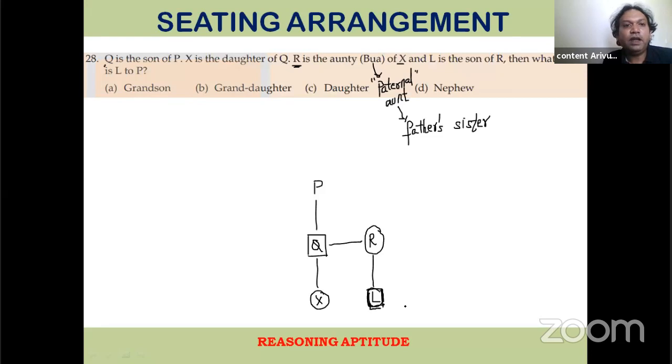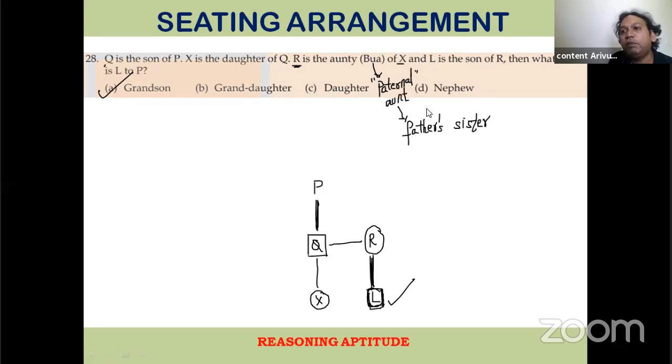So what is L to P? Now L is the grandson of P. See, one generation, two generations, right? So grandson, answer will be A, grandson.